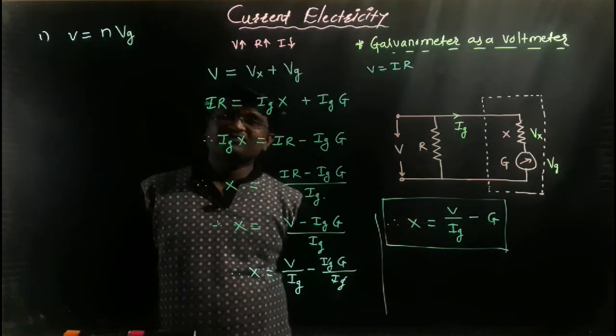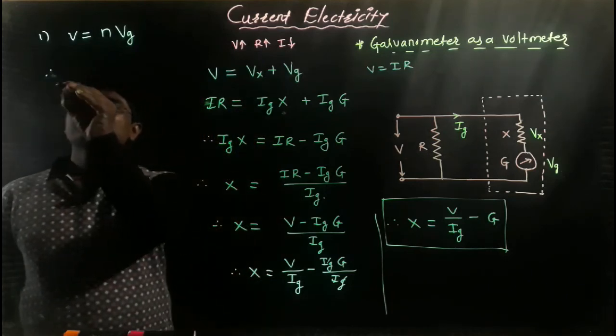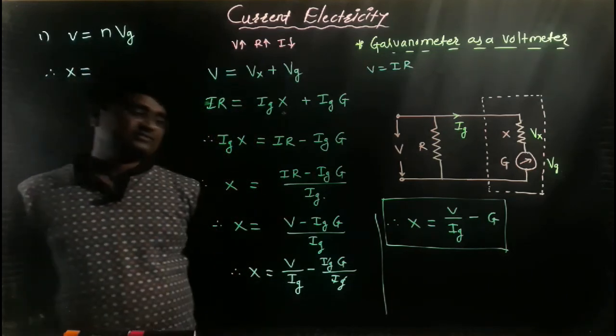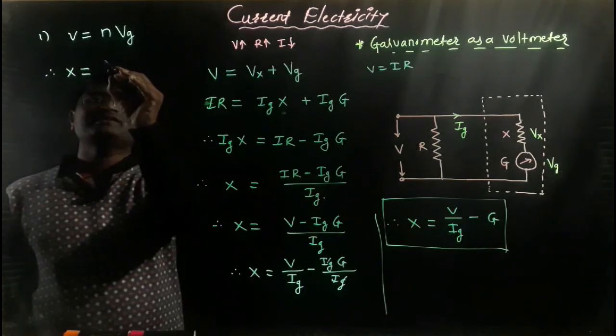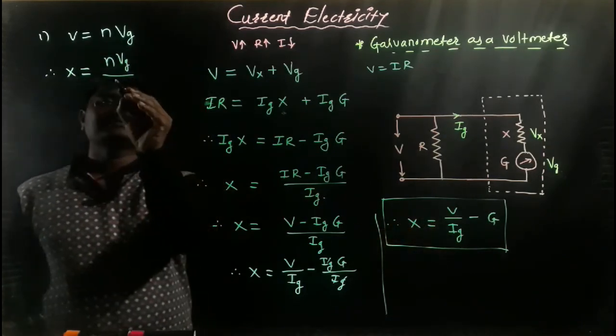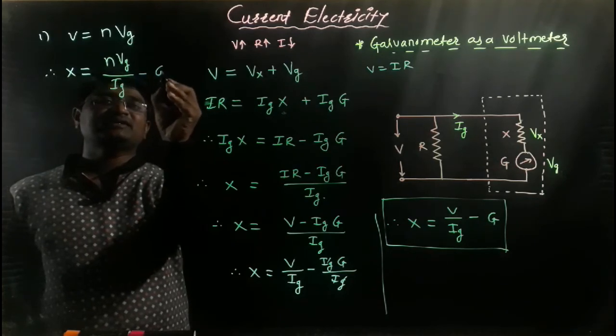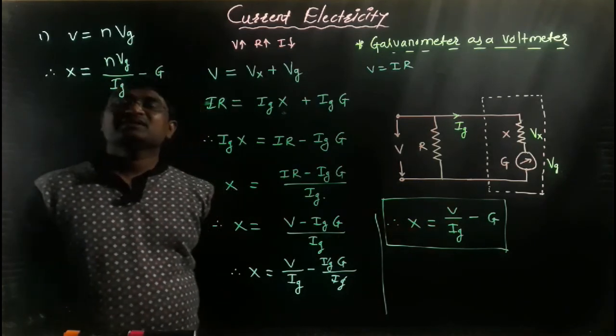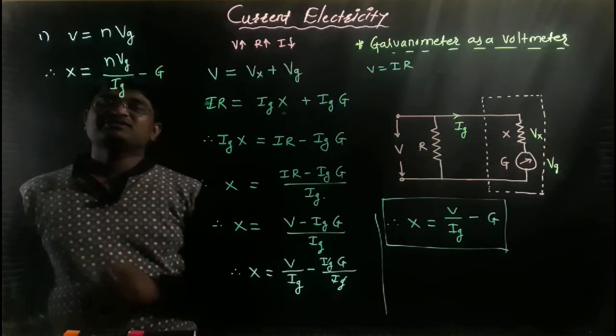So what is the value of X? X is equal to V upon Ig minus G, where V is equal to n Vg. So X equals n Vg upon Ig minus G. What is Vg upon Ig?